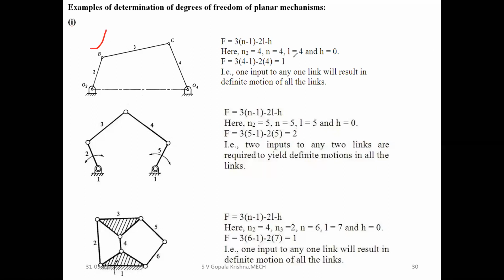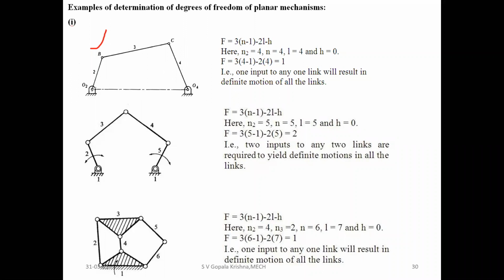In this diagram, how many links are there? Anyone could tell the number of links? Please respond. 4, sir. Good. And how many joints are there? 4, sir.